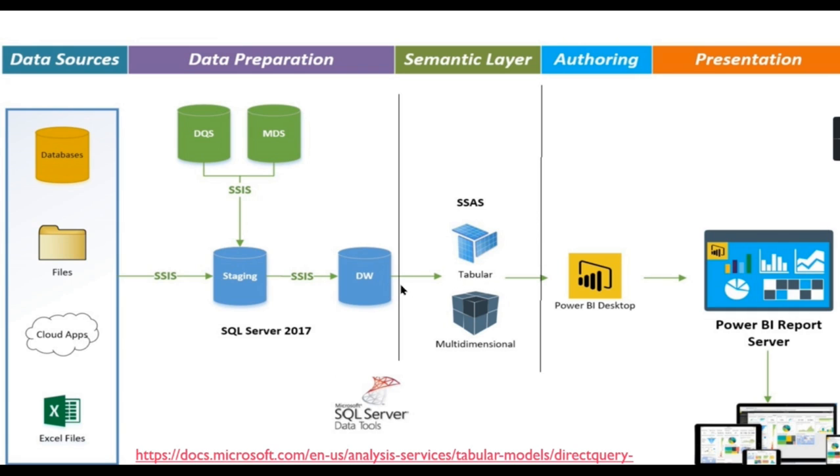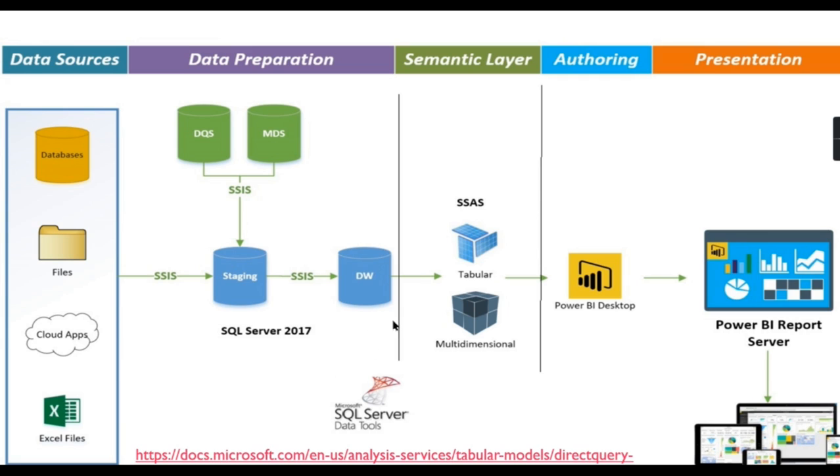In the previous video, we loaded data from the data warehouse into SSAS. This is typically a processing task. For that you need to create an SSIS package, then schedule a job that executes that SSIS package.